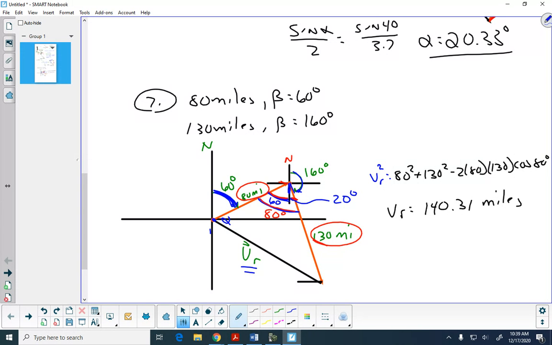I have 80 degrees here. This is 140.31 here. This is my biggest side with the 140.31, so this has to be my biggest angle of 80 degrees. So I can use my law of sines to set up to solve for alpha because I don't have to worry about an obtuse angle in there. Set up your law of sines.